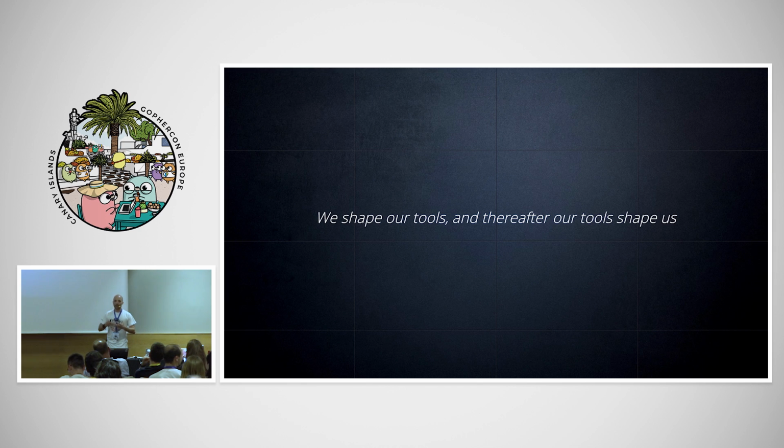It's hard to see how your changes affect the overall structure of the program if you only see a small part of it, right? And this visibility of the whole structure should definitely change our code as well, and hopefully contribute to the battle with complexity. We shape our tools, and thereafter our tools shape us.